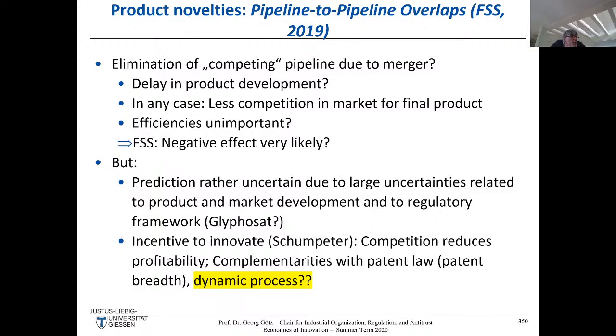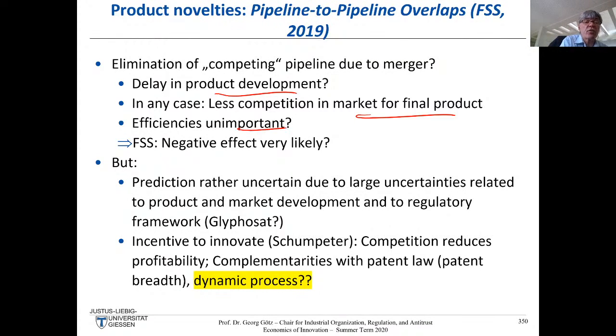If you have 2 companies which both have a research project running on a corona vaccine, it might be that if they merge, they just shut down one product line, one pipeline. And that might lead to a delay in product development. This will lead to less competition in the market for the final product, because we will only have a single one of the two product offers.